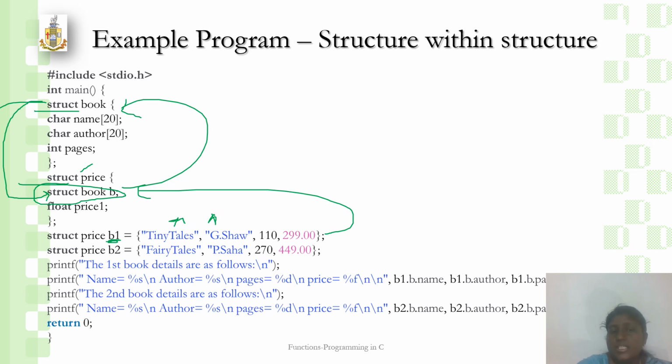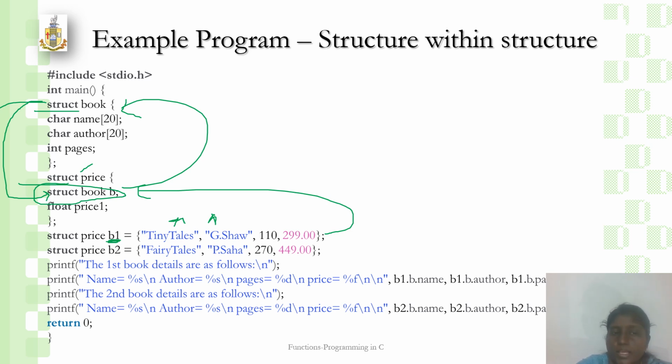The first book details are as follows. So here the printf, name, author, pages. Remember, the structure variable should be called for the structure where it is nested in another structure. In case you call this struct book B1, it will have only the name, author and pages, and it will not take the price value.